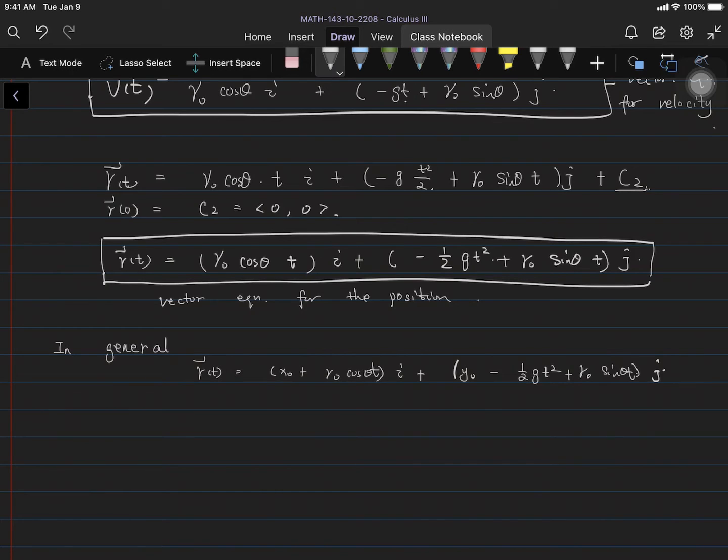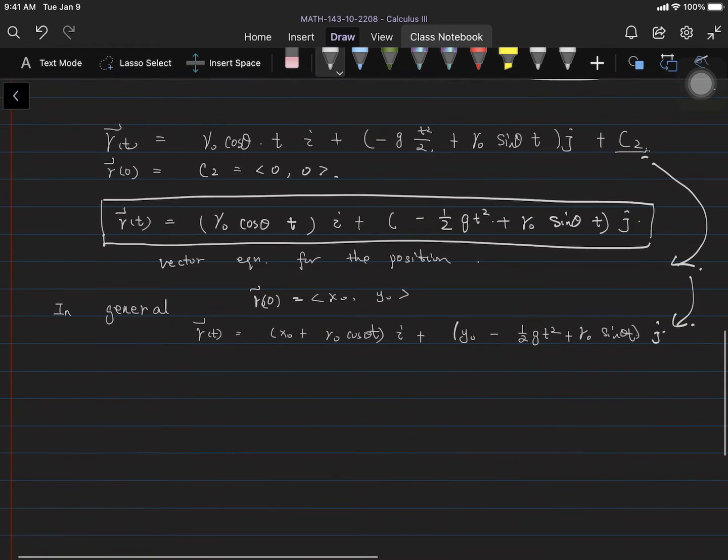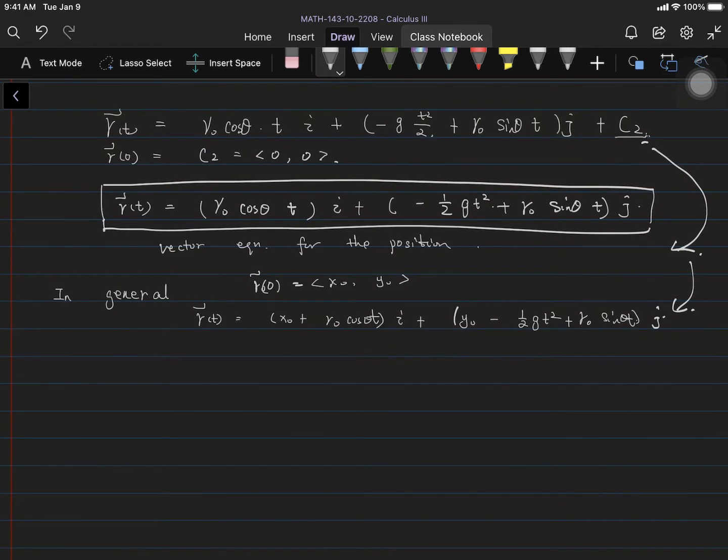This means the initial position is x naught, y naught. If you plug the initial position into c2 and plug c2 into our original, you should get this one. So this is the general form, starting at any initial point x naught, y naught. But if we just start from the origin, x naught and y naught are 0.